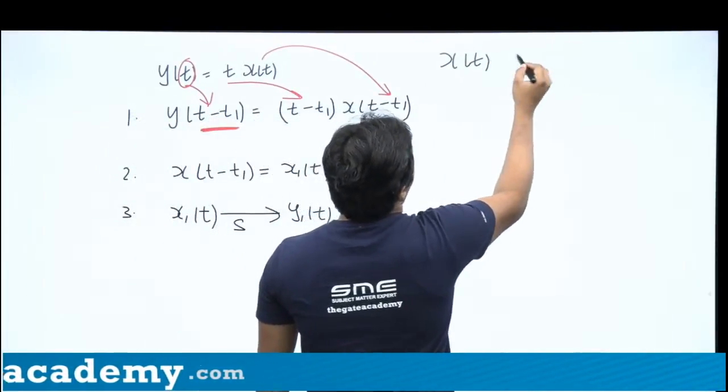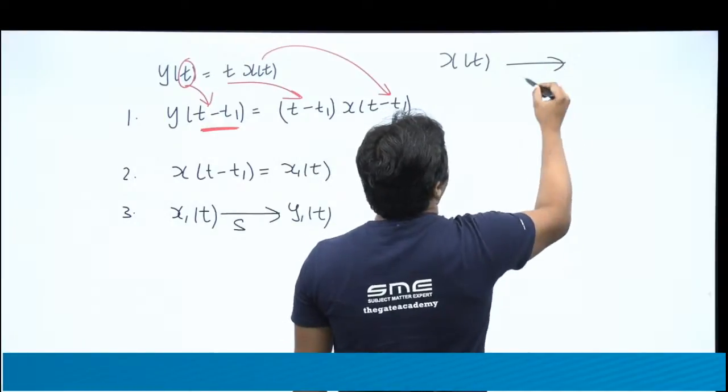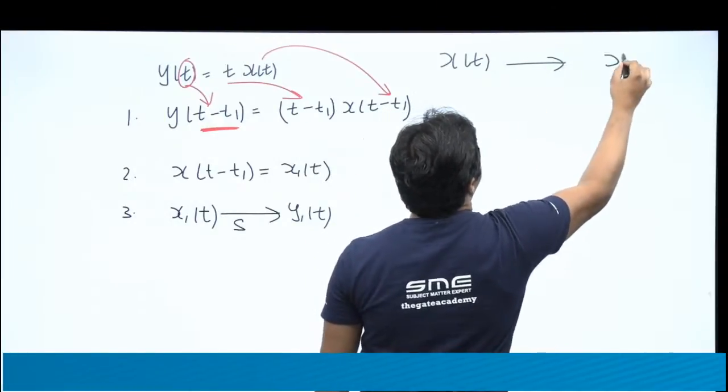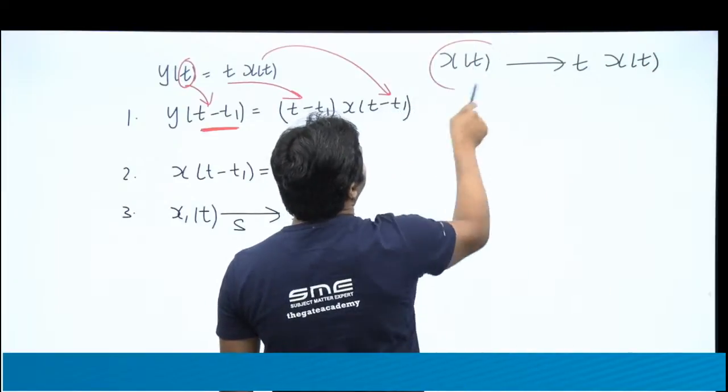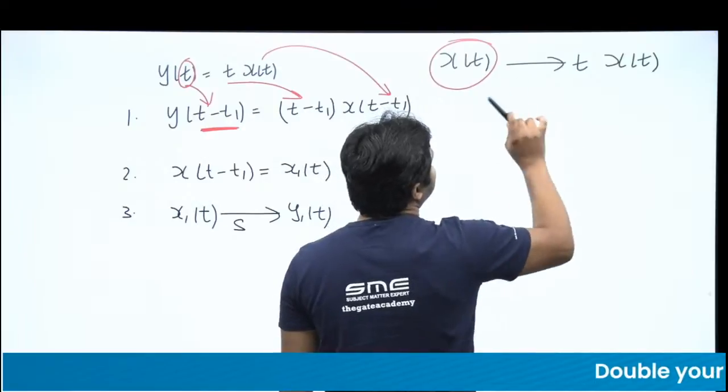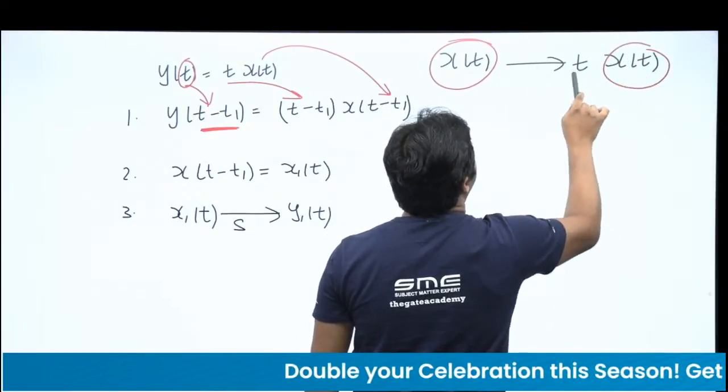If I am giving an input called x of t, the output of the system is nothing but the same x of t just multiplied by t. It means that whatever is the input, the system is multiplying the same input with t.